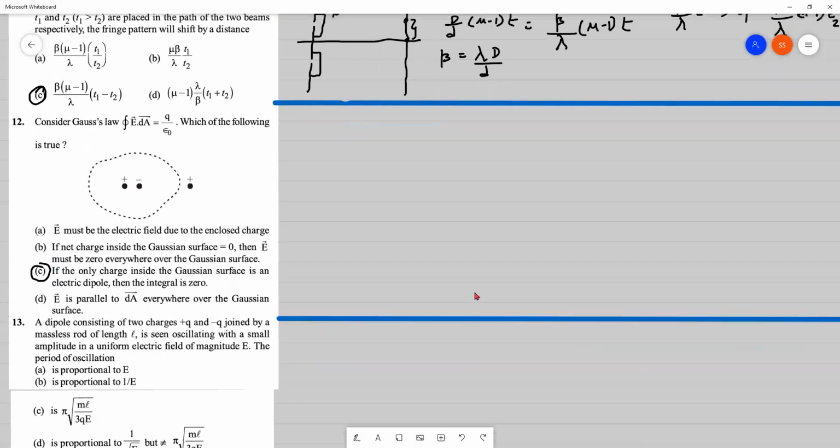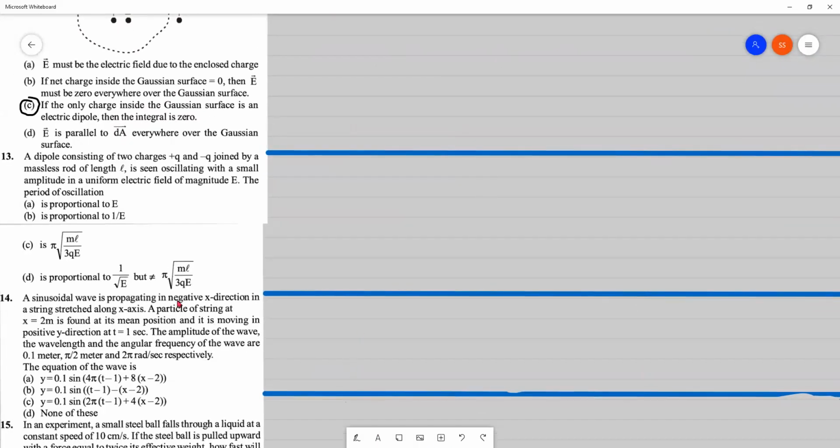So the next question is, a dipole consists of two charges plus q and minus q joined by a massless rod of length L. It is seen oscillating with a small amplitude in a uniform electric field of magnitude E. The period of oscillation they are asking you. The rod is given to be massless.